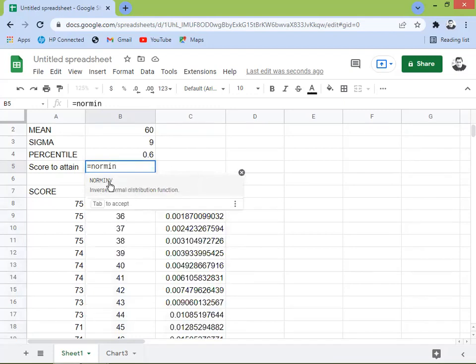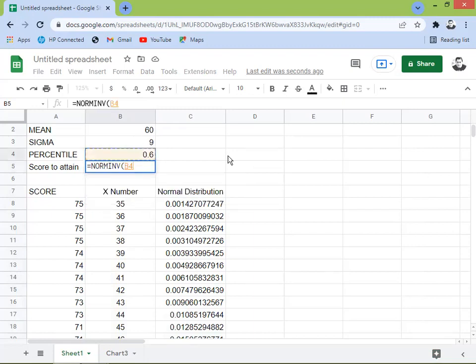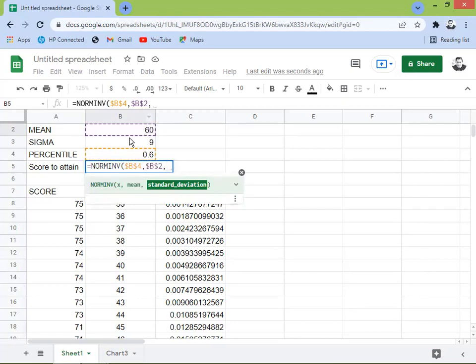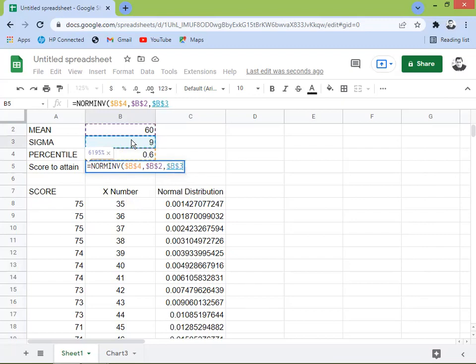Just click NORM.INV, and then the x number would be this one, F4, then a comma, and the mean number would be this one, again F4, then a comma, and the last one is the standard deviation of 9. Then F4, then close it, enter.